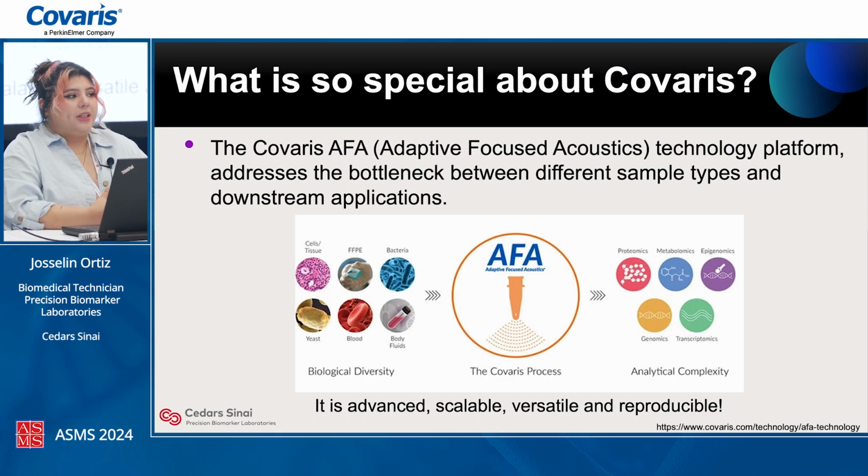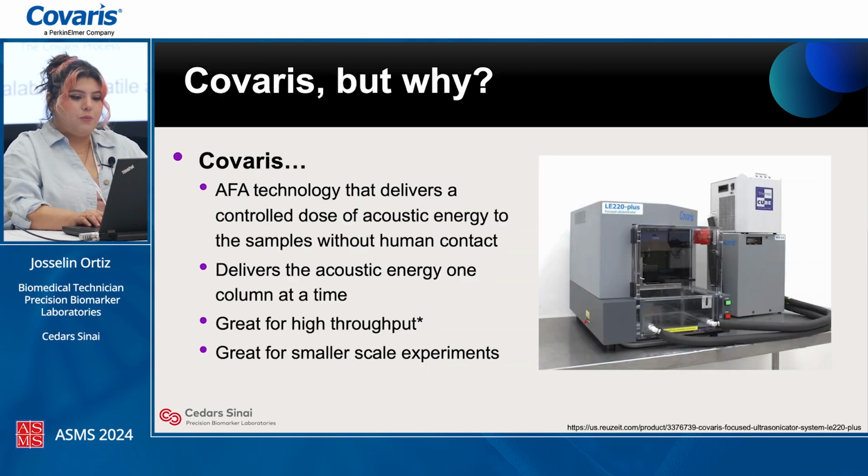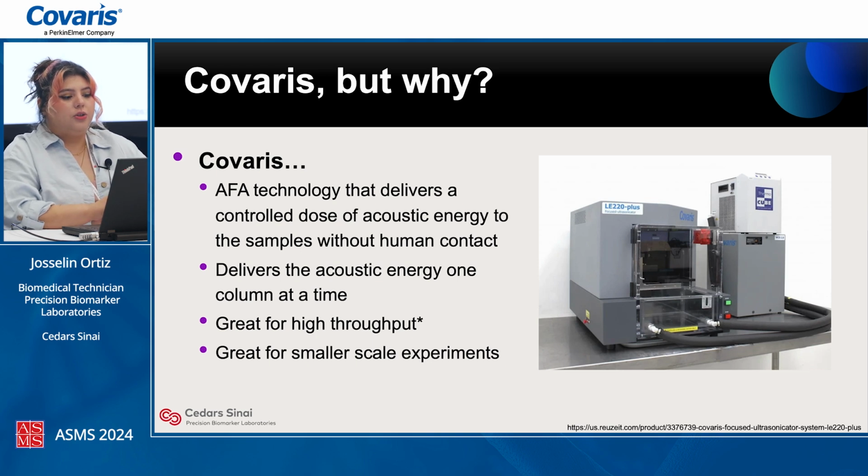So we definitely saw the most possibility of success with Covaris. Because Covaris' AFA technology addresses the bottleneck between different sample types and downstream applications, it utilizes focused acoustic energy to precisely and efficiently fragment samples without the introduction of heat or bias. As I mentioned, AFA technology delivers a controlled dose of acoustic energy to the samples without human contact, and it does this a column at a time.